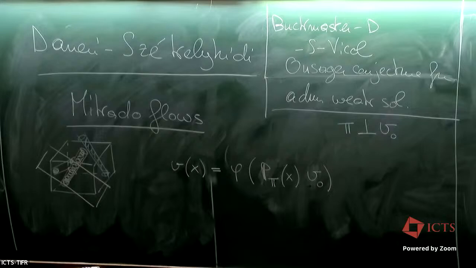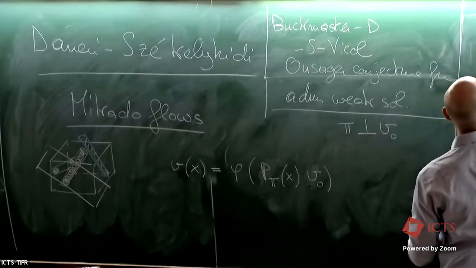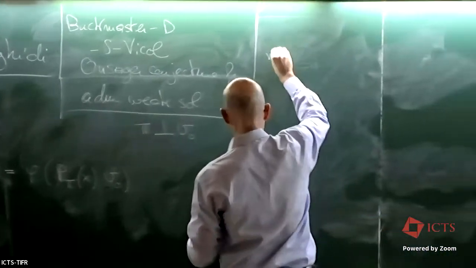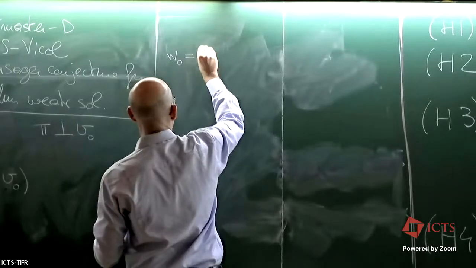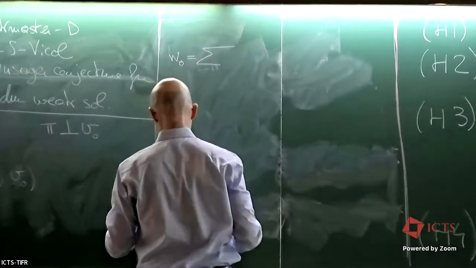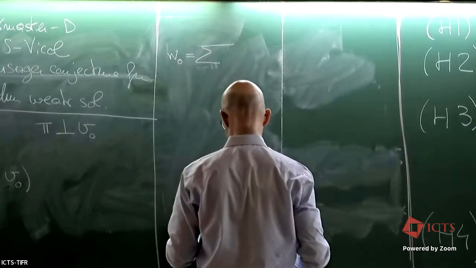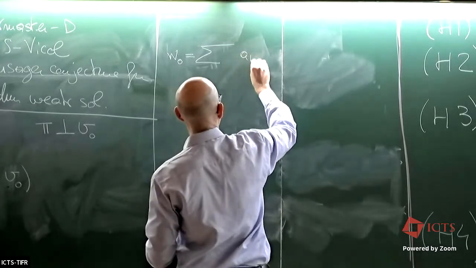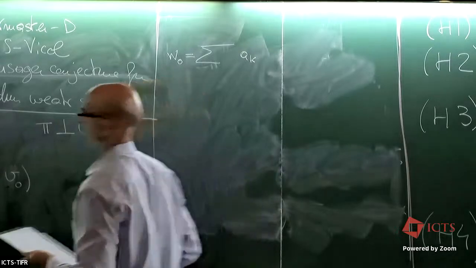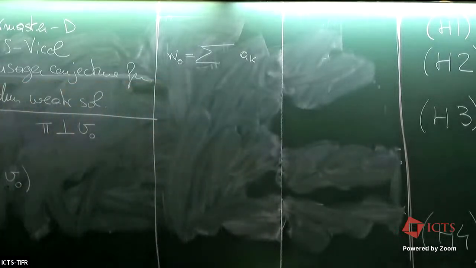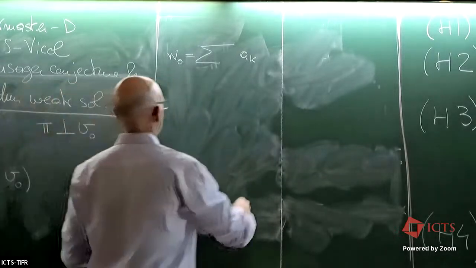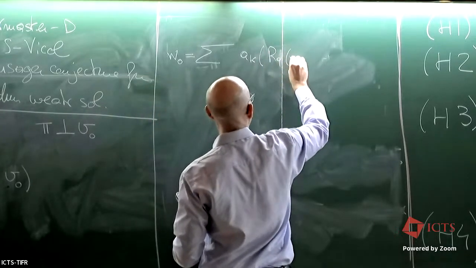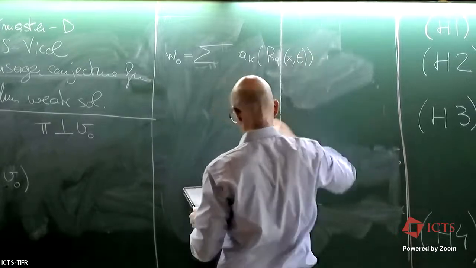Okay, so you're actually putting your perturbation which abides by the following formula. So it's going to be the sum, then you have the A_k of R_q of x, t.